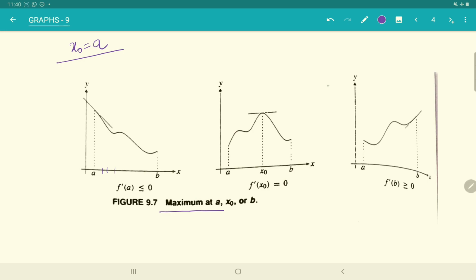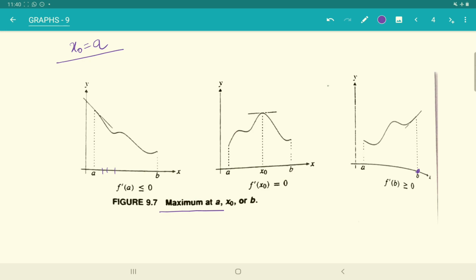This is the maximum point of f in ab. Then in this case, f prime b just cannot be negative, and clearly we see that it is not negative here. Why is it that f prime b just cannot be negative?